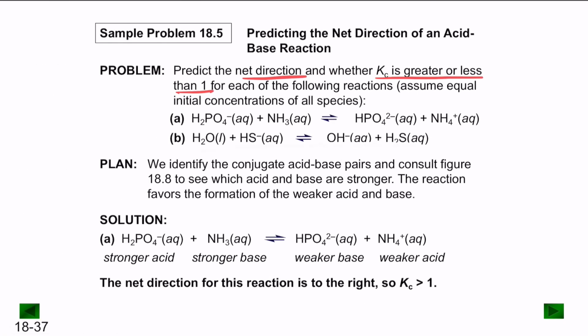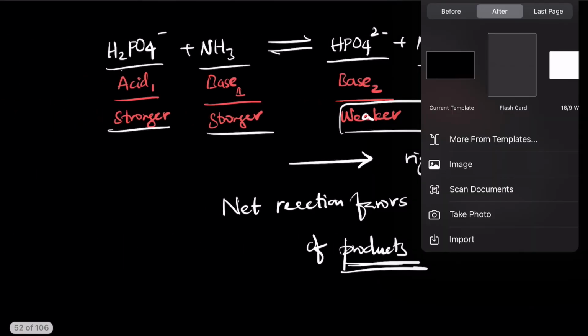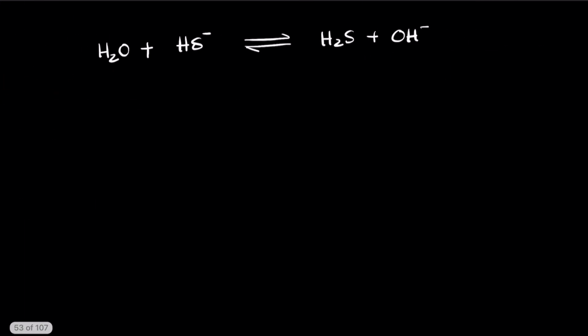Next, let's take a look at the second reaction. You have H2O plus HS minus, which results in H2S plus OH minus. First we have to determine the acid-base pairs.